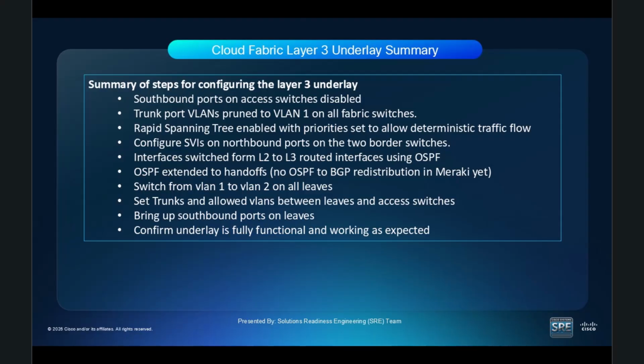From there, we did the switches from VLAN 1 to VLAN 2 on all the leafs. We set the trunks and allowed VLANs between the leafs and the access switches, and then we brought up those southbound ports on the leafs, and then we confirmed that everything in the underlay was functioning as we expected so that we can move on to build the overlay on top of that.